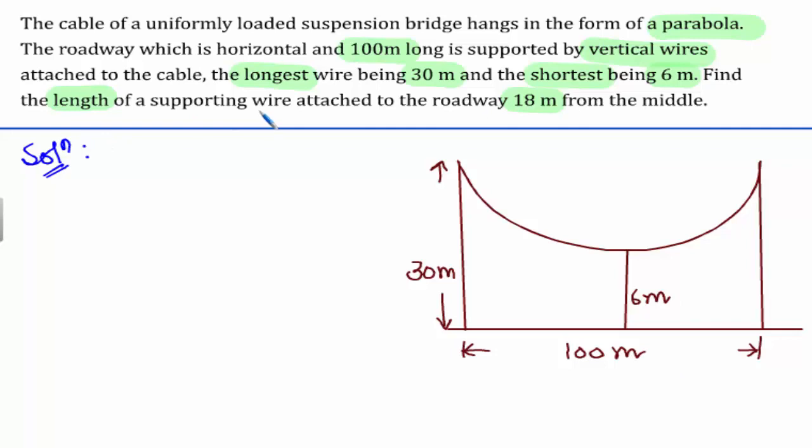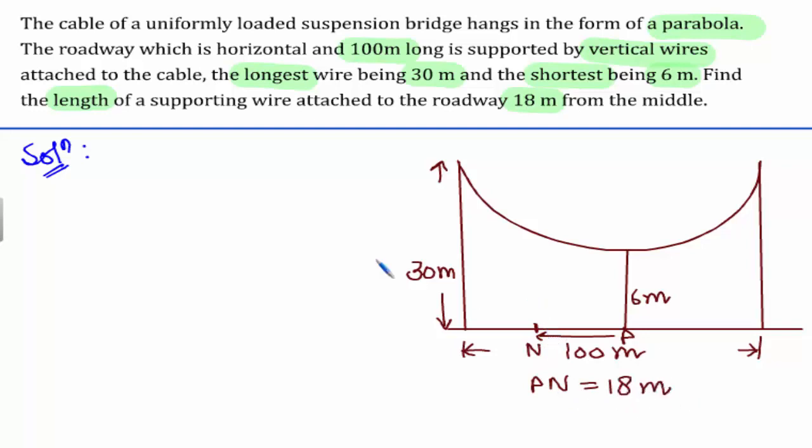We have to find the length of the supporting wire which is attached to the roadway 18 meters from the middle. Let us denote this middle point by P. So if we move 18 meters towards the left, suppose this point is 18 meters from P, let us denote this point by N. So we have PN is equal to 18 meters.